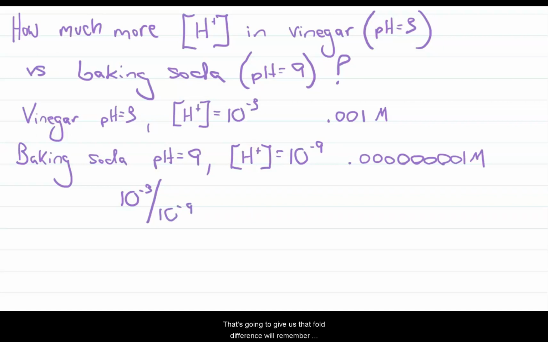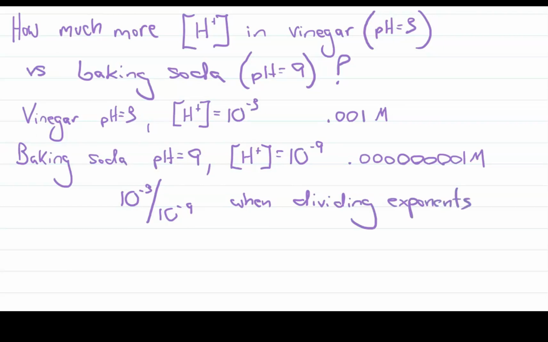Well, remember, when we divide exponents, we subtract, as long as that base is the same. So here you have negative 3 minus negative 9.